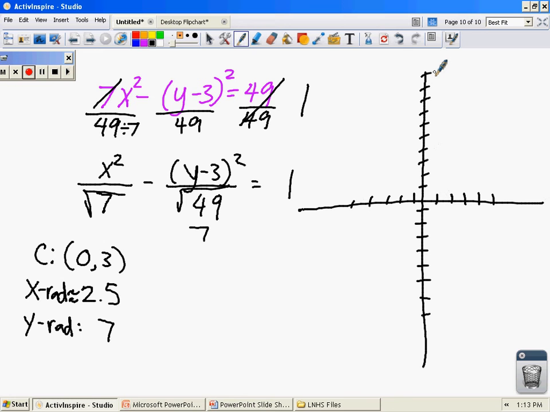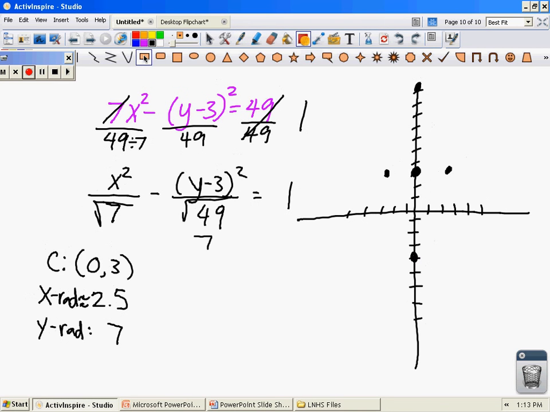Okay. So my center is 0, 3. That's over none, up 3. My x radius is 2.5, so I'm going to go left and right 2.5, and up and down 7. Now what?